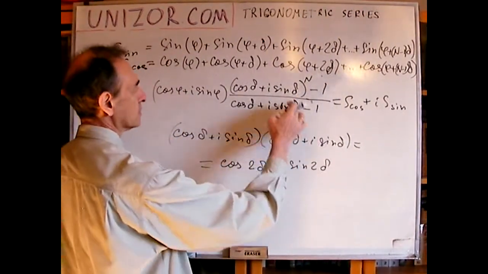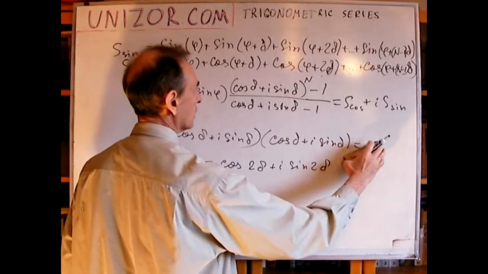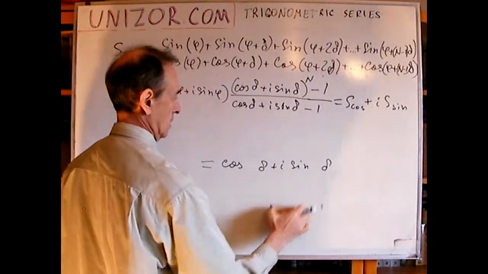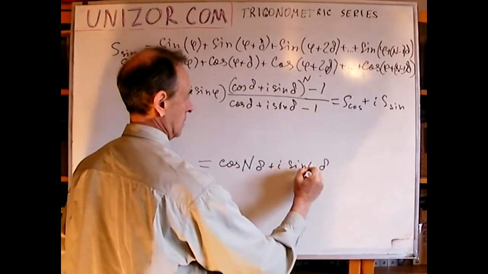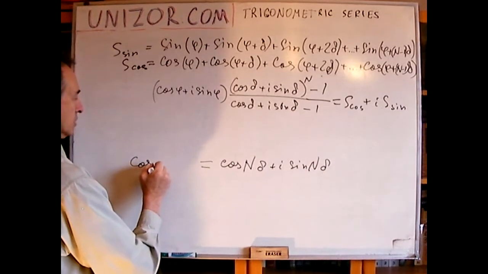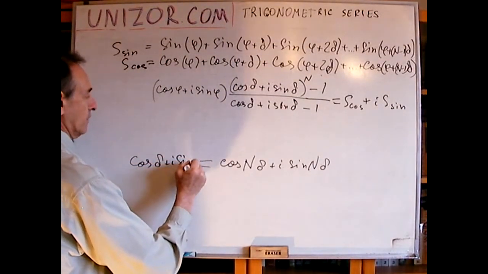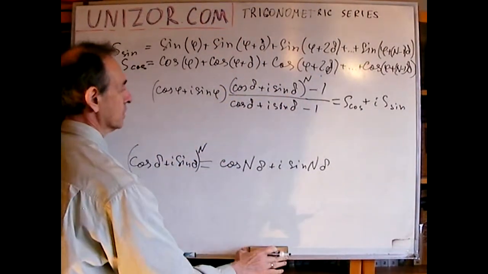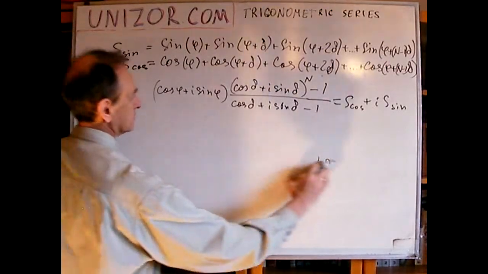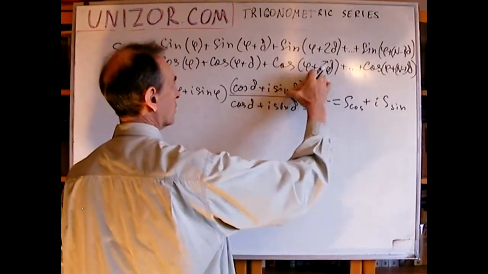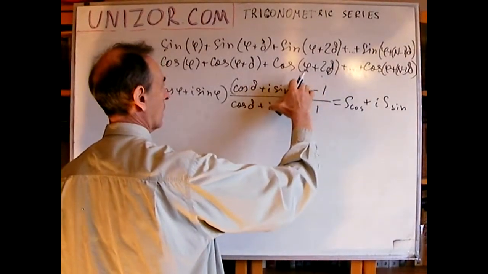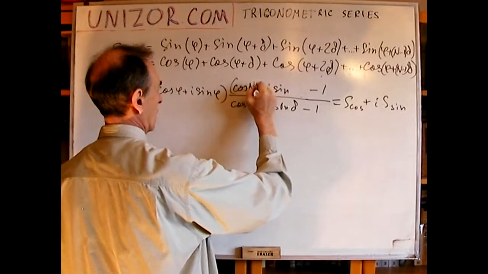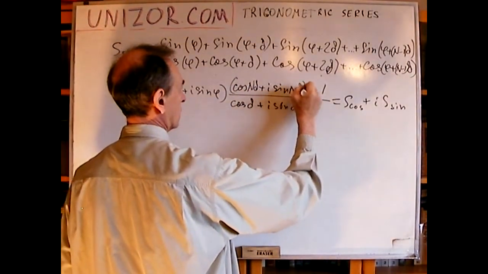So if I multiply it n times, obviously I will have n. That's what cosine delta plus i sine delta to the power of n is. So that's how I can put it here, and my formula would be n delta, n delta.